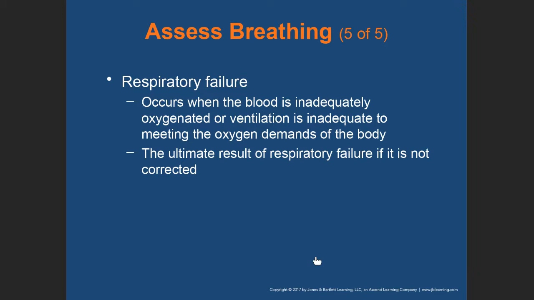Respiratory failure, you guys are expert now at this. It occurs when the blood is inadequately oxygenated or ventilation is inadequate to meeting the oxygen demands of the body. The ultimate result is respiratory arrest if not corrected. What key things are we looking for? Decreased level of consciousness, poor chest rise.